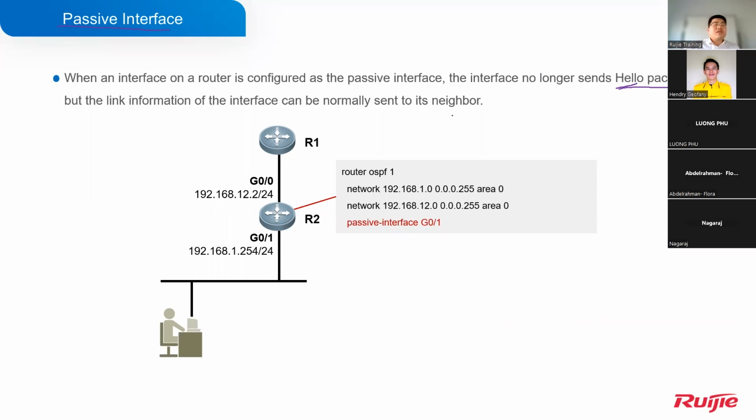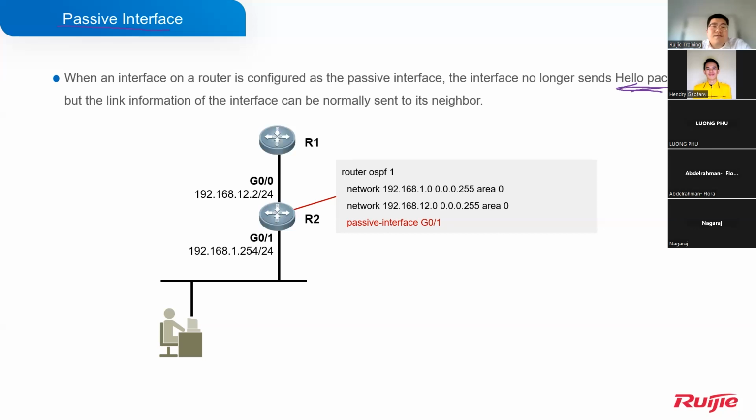Once the interface is configured as passive interface, it will not send hello packets anymore. So in this case, if we configure SVI10 and SVI20 to be passive interfaces, they will not send out hello packets anymore, and we can only establish the neighbor based on VLAN 800, so it can satisfy the requirement.